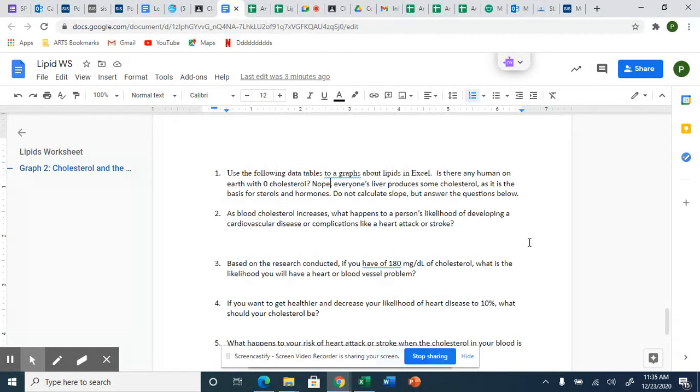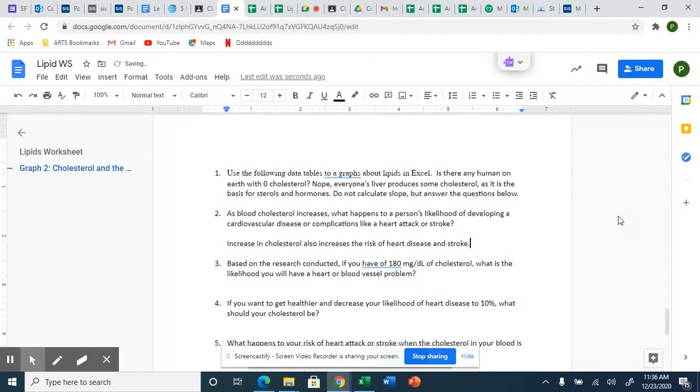As blood cholesterol increases, what happens to a person's likelihood of developing cardiovascular disease or a heart attack? An increase in cholesterol also increases the risk of heart disease and stroke.